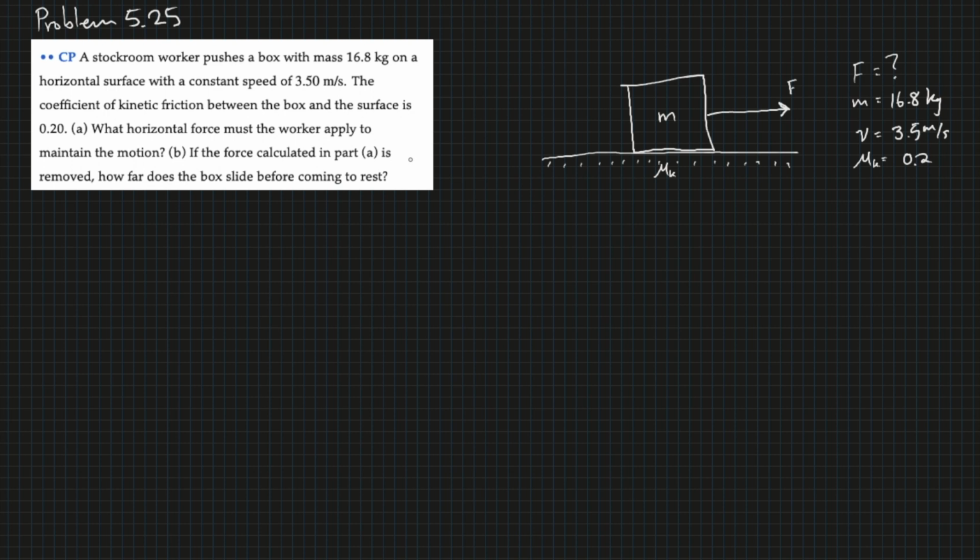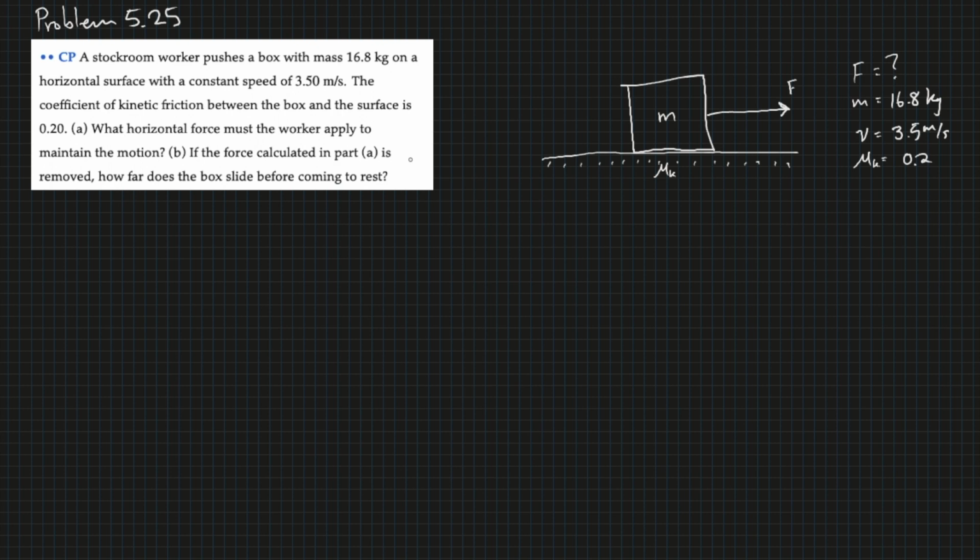The coefficient of kinetic friction between the box and the surface is 0.2. And we want to figure out, A, what is the horizontal force the worker must apply to maintain the motion, which the motion here they said was the constant speed that I mentioned before. And then part B, if the force calculated from part A is removed, how far does the box slide before coming to rest?